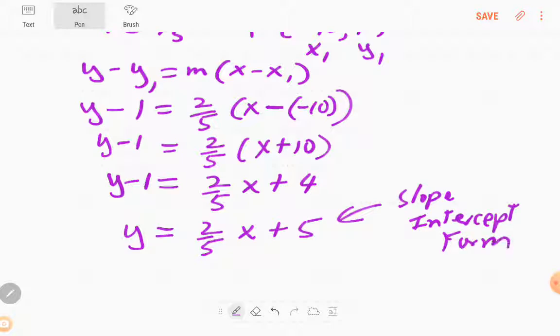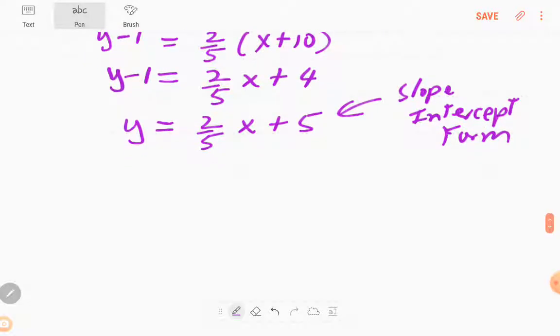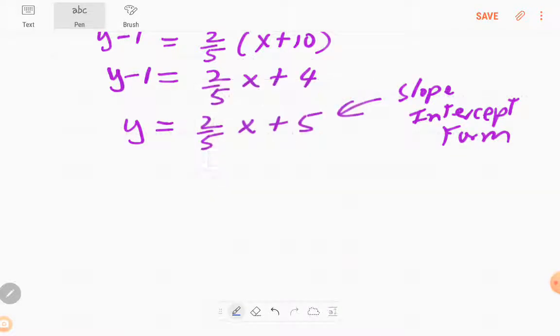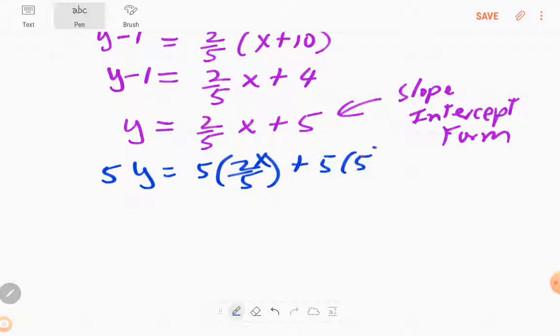Now if we were asked to write this in standard form, the LCD here is 5. So if I want to write this in standard form, I just multiply each term by the LCD of 5. So I have 5 times y is equal to 5 times 2/5 x plus 5 times 5.